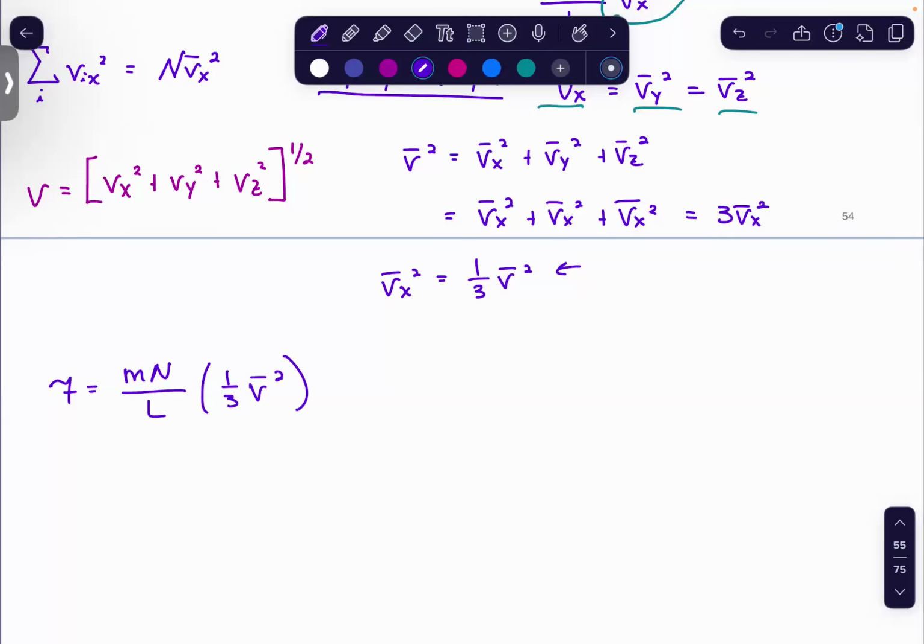So now we have everything in terms of a velocity that can be going in any random direction, which is a much more general solution, which is what you're after in physics. So now we're going to have mass times the number of molecules over 3L times average velocity squared.